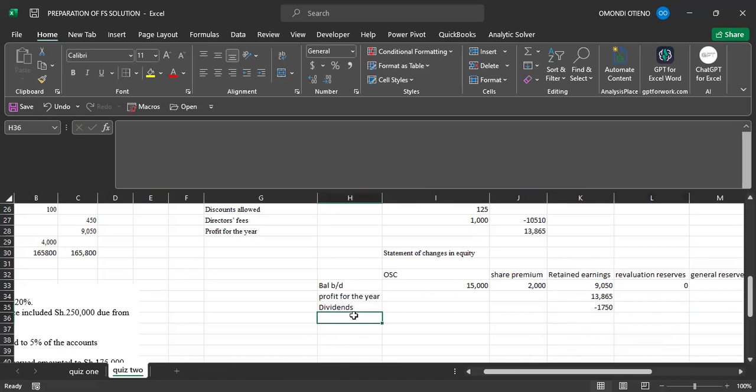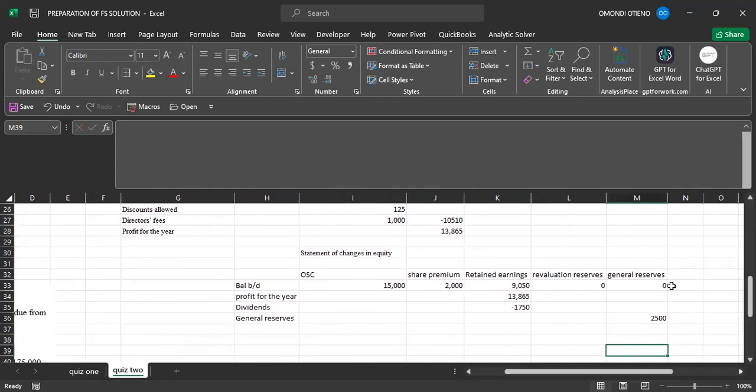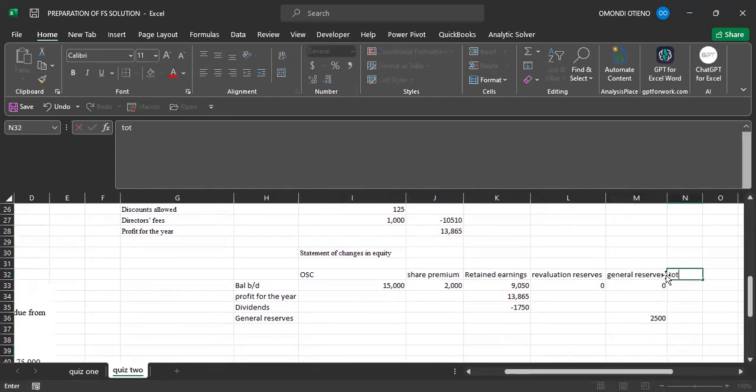Having done that, we have what is supposed to go to general reserves. We have been told we are supposed to take 2,500 to general reserves. So we need a column here for the total, and of course also a total row-wise.